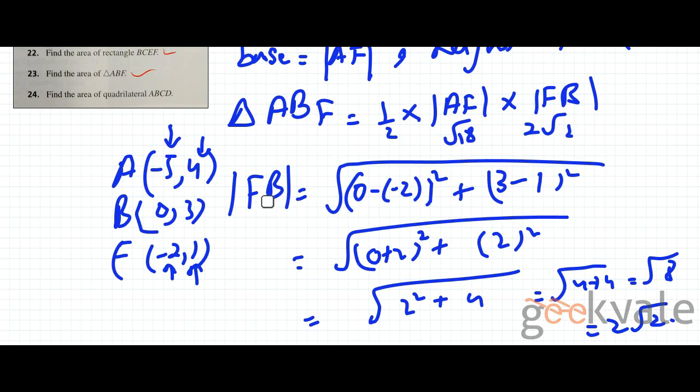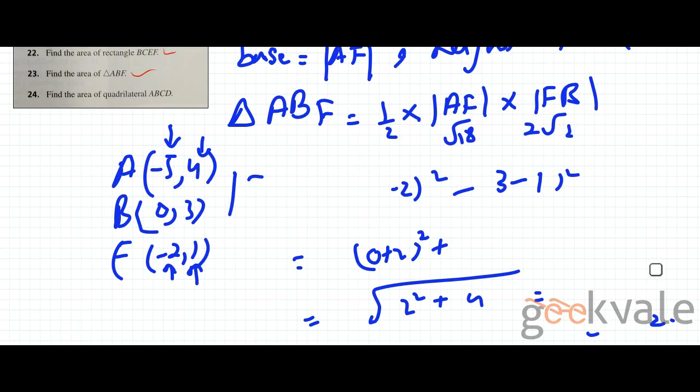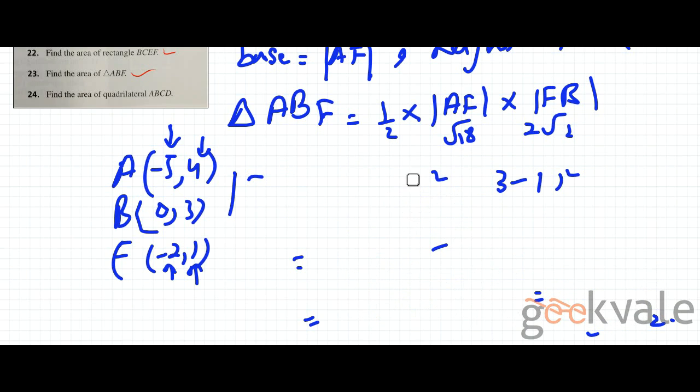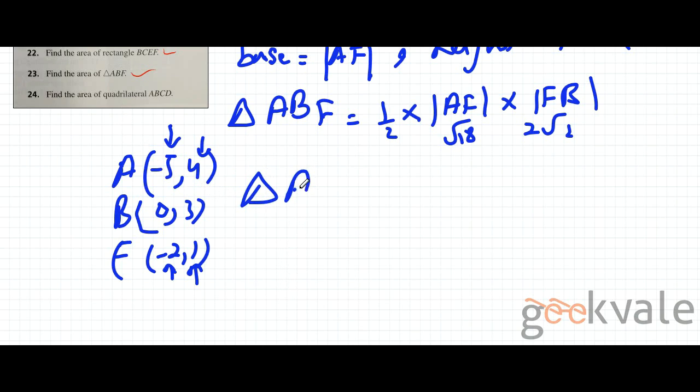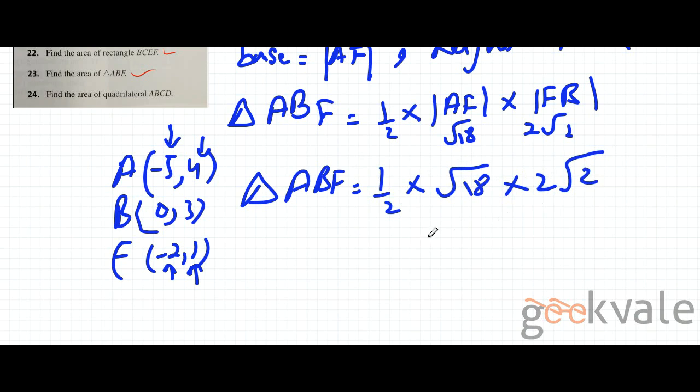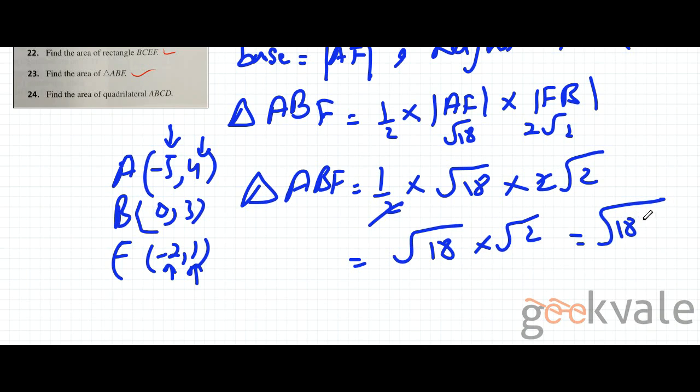Now all we need to do is multiply them together, and then we will have the area of this triangle ABF. The area of the triangle ABF will be half times the square root of 18 times 2 square root of 2, which equals the square root of 18 times the square root of 2, which equals the square root of 18 times 2, because if you have two individual square roots being multiplied with each other, you can multiply them in one square root.